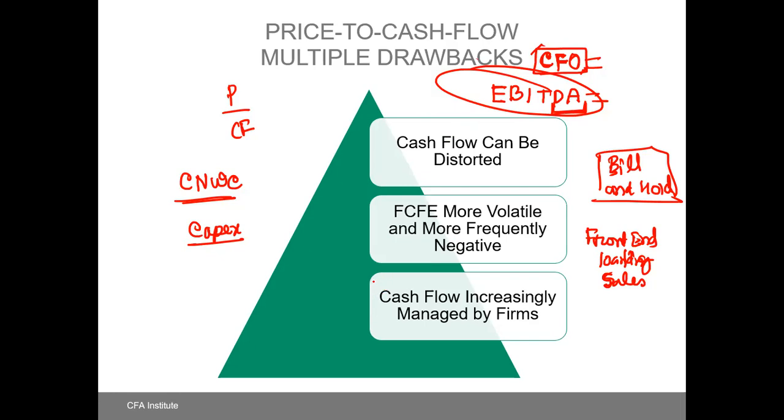From the empirical evidence, the finding is that as analysts are more critical about the cash flow and look at the cash flow numbers, the firm managers are finding more innovative ways to manage the cash flows of the firm. So how is it possible to manage the cash flow of the firms?